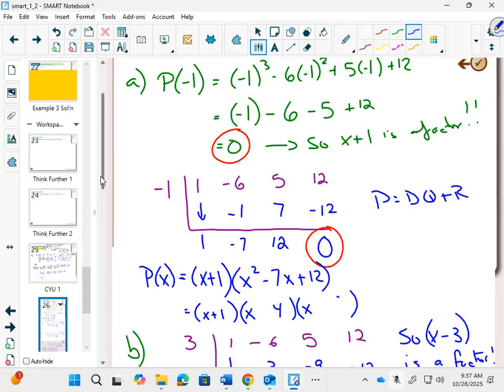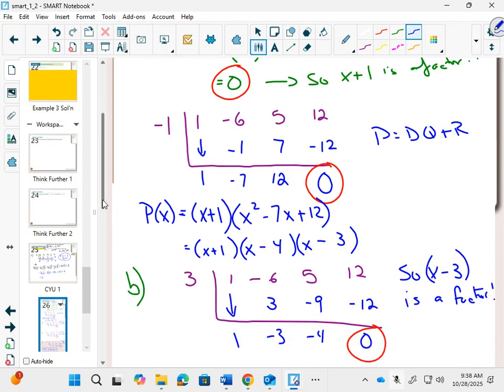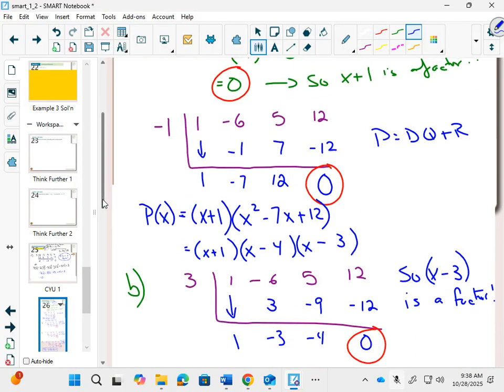Have to be 4 and 3, and both of them negative? And isn't that our final factored one? If you find one factor and you write the division statement, you might be able to just factor it on its own. You wouldn't have had to find these other ones, the 3 and the 4, with synthetic division.